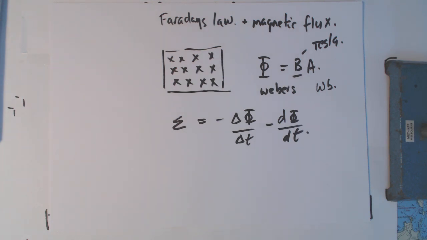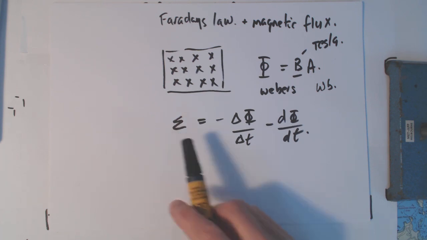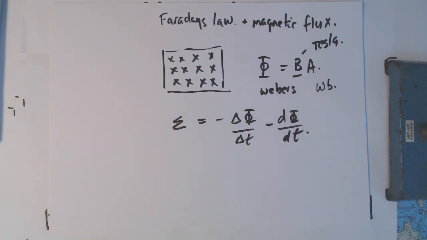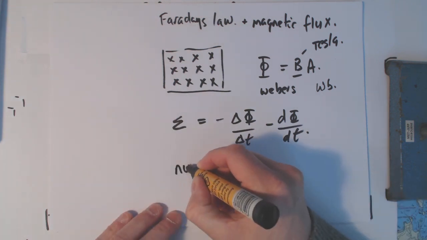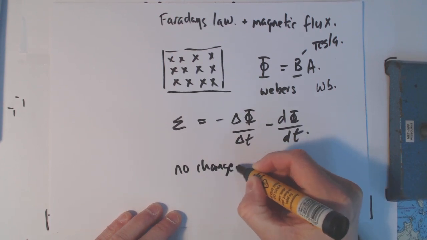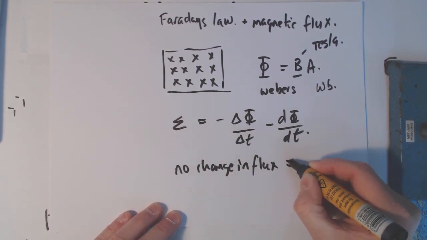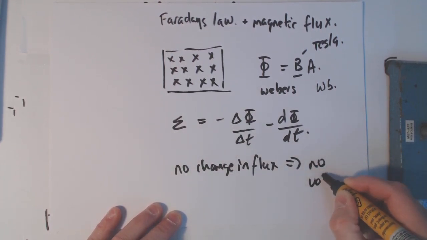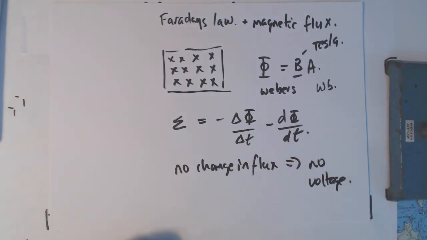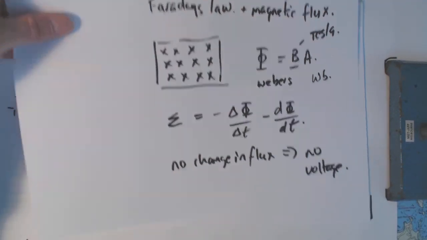Now, what is this saying? It's saying that the voltage is equal to the rate of change of the flux with time. So no change in flux, no voltage. No change in flux implies no voltage. So if the flux is not changing, there is no voltage.